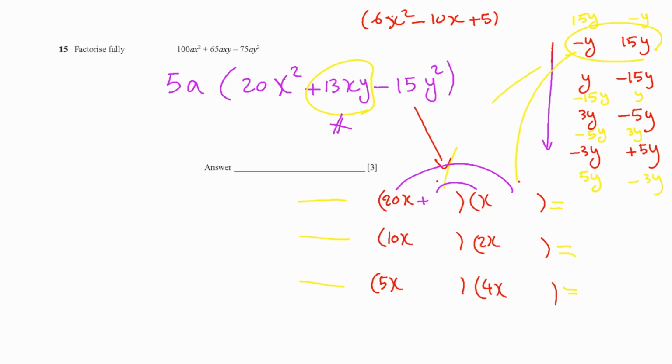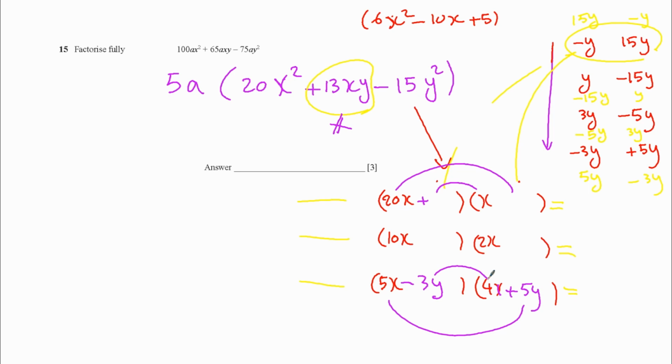So if I look at that, if I add in here plus 5y and this side minus 3y, 5y times 5x is 25xy. And minus 3y times 4x is minus 12xy. So 25xy minus 12xy certainly gives us 13xy, and that is exactly what we are looking for.